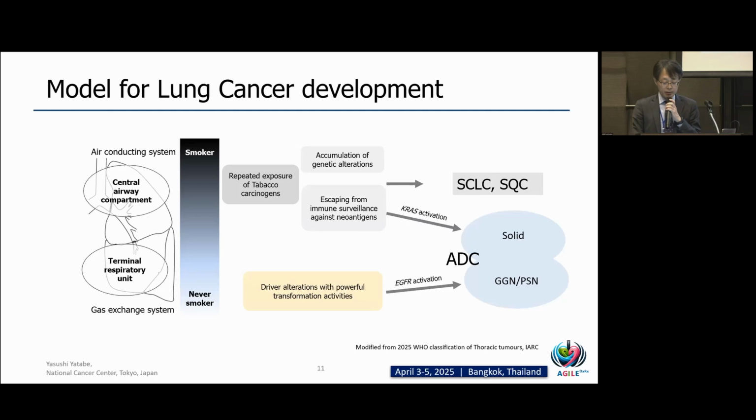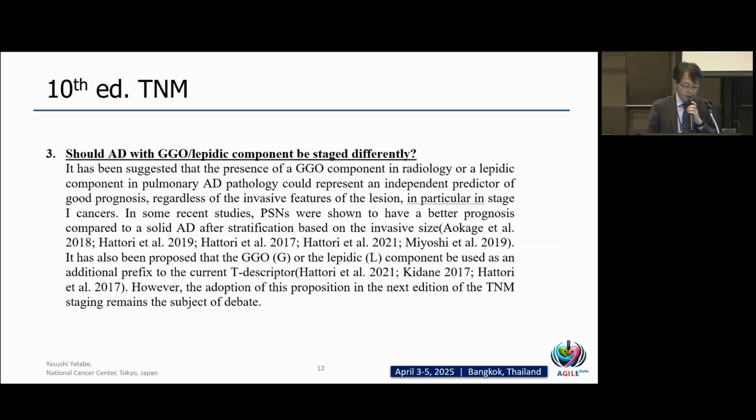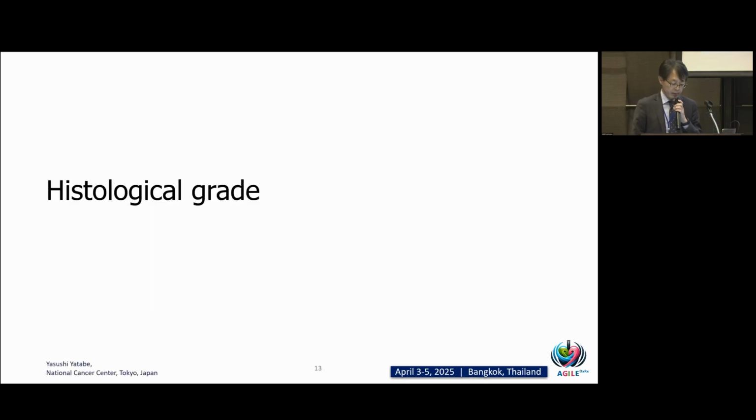Therefore, the tumor mutation burden is low, and immune checkpoint inhibitors are not so effective. So we are going to address this kind of GGO or lepidic component in the TNM classification in the 10th edition using a database.